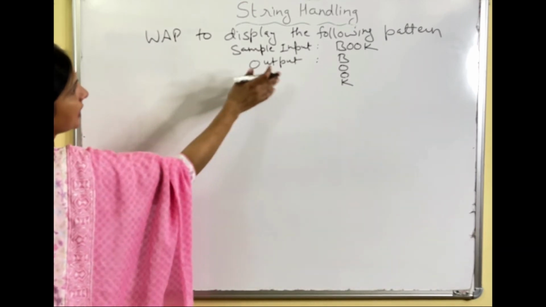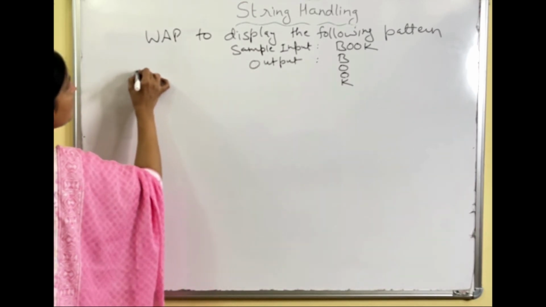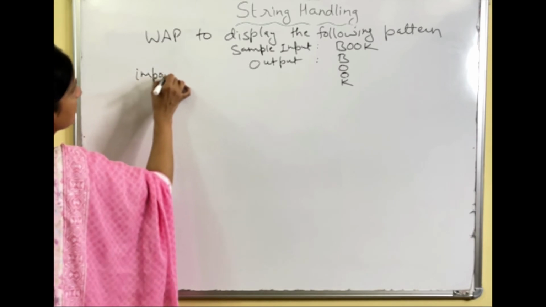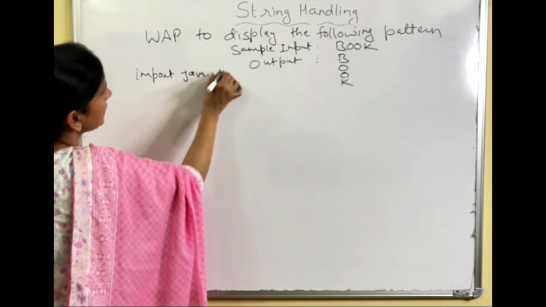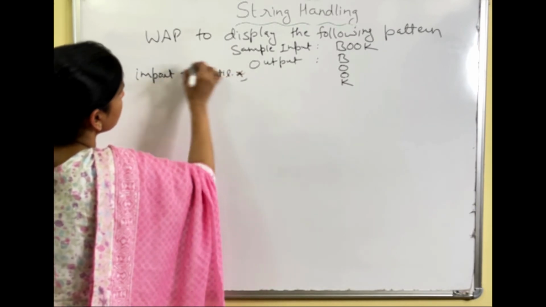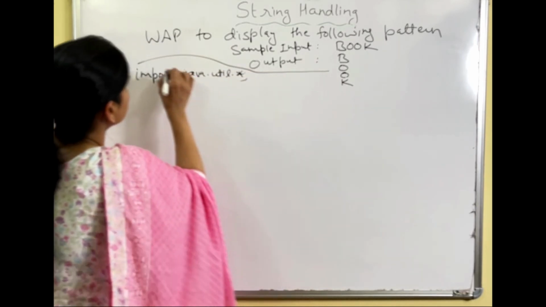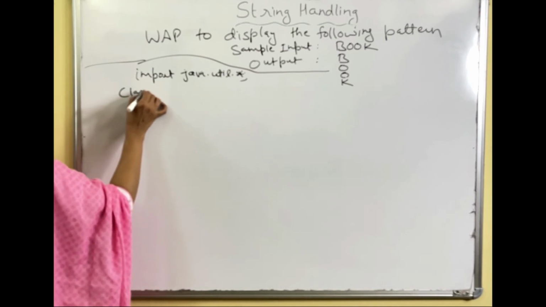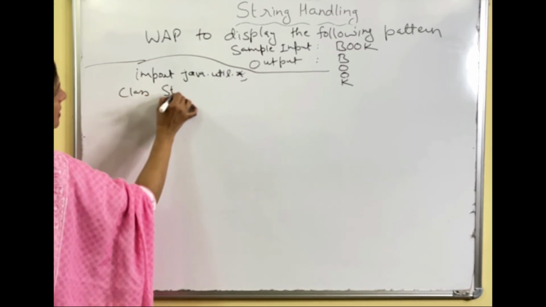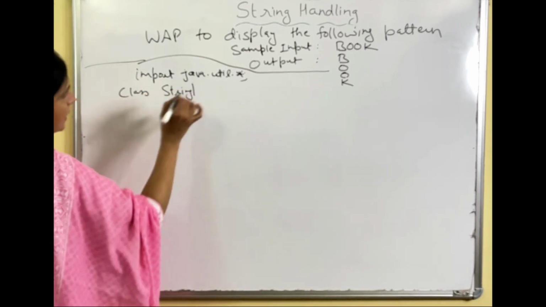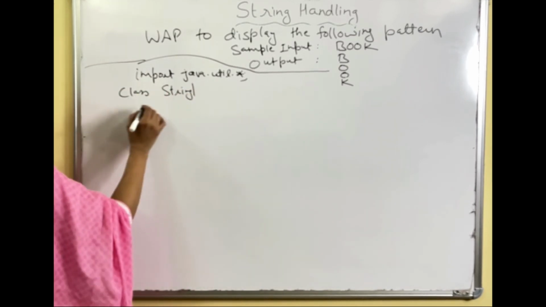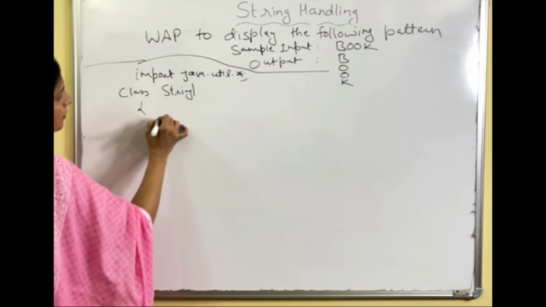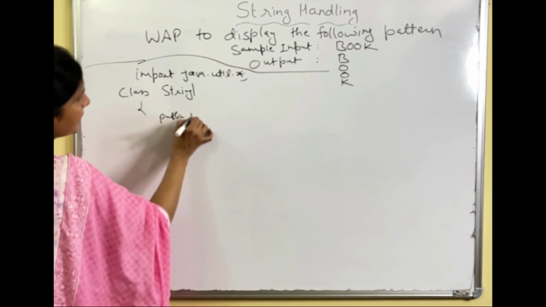First, as we have to input the string, same thing, import java.util.*, right? Then class String1. String is a class, I can't take String, so I have taken String1. Then public static void main.